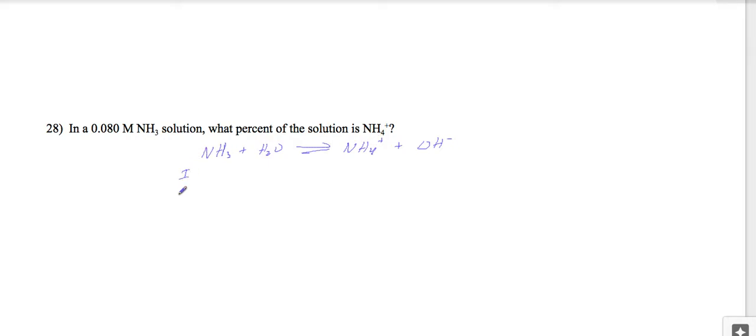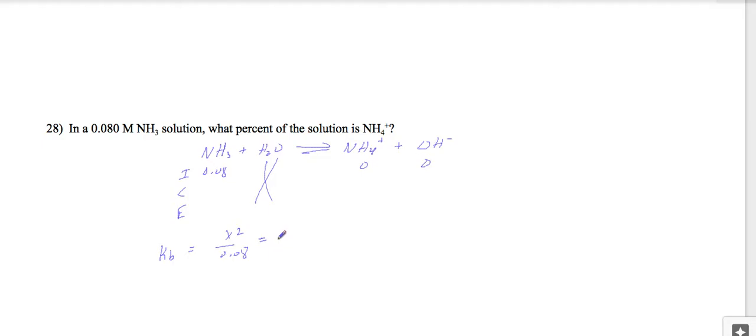We have our ice table. We have our initial concentration of 0.8. Water goes away. 0, 0. We go through all of the same processes we've done before. Kb is equal to x squared over 0.08. We can use the approximation for this one because the Kb, or can we? Yes, we can.